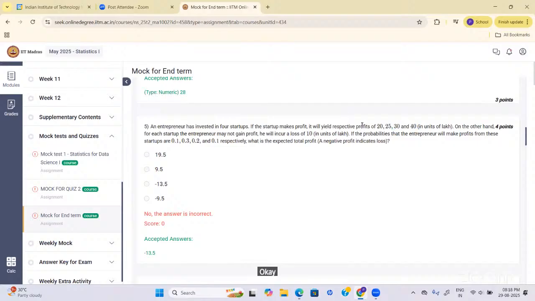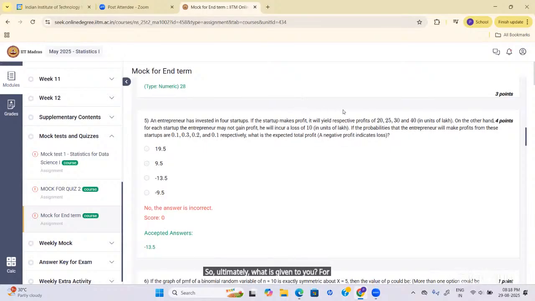So this is the value for profit given. On the other hand, for each startup, every entrepreneur may not gain profit. So there is a chance of loss also. Then what is the loss? Loss is 10 lakhs.